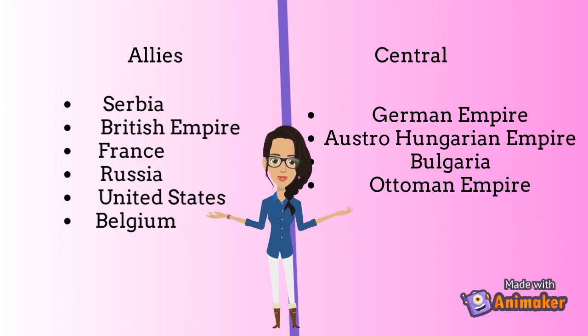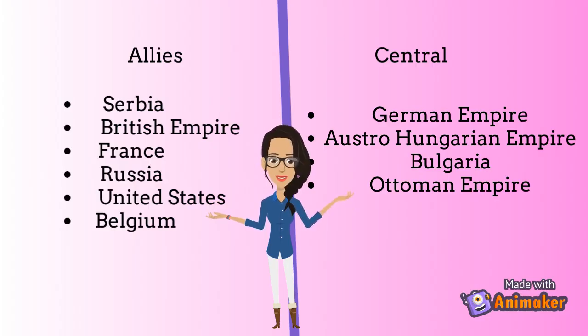And in 1917, the United States and Belgium also joined in support of the Allies. Unlike the Allies, the Central Powers consisted of the German Empire, the Austro-Hungarian Empire, Bulgaria, and the Ottoman Empire, Turkey.